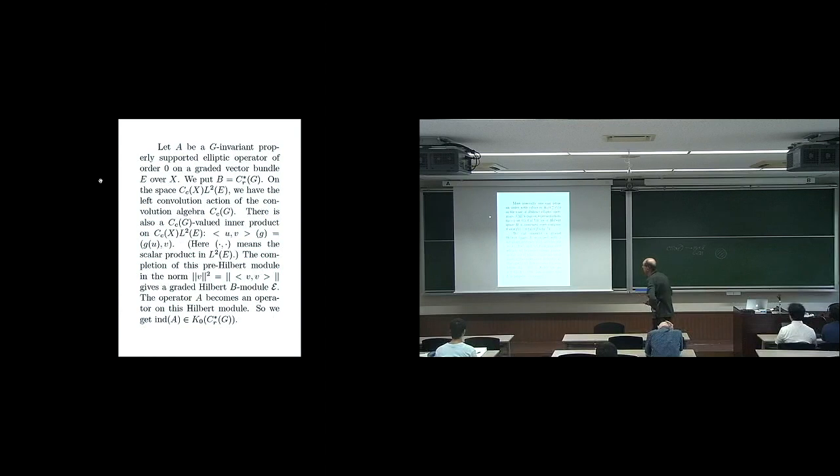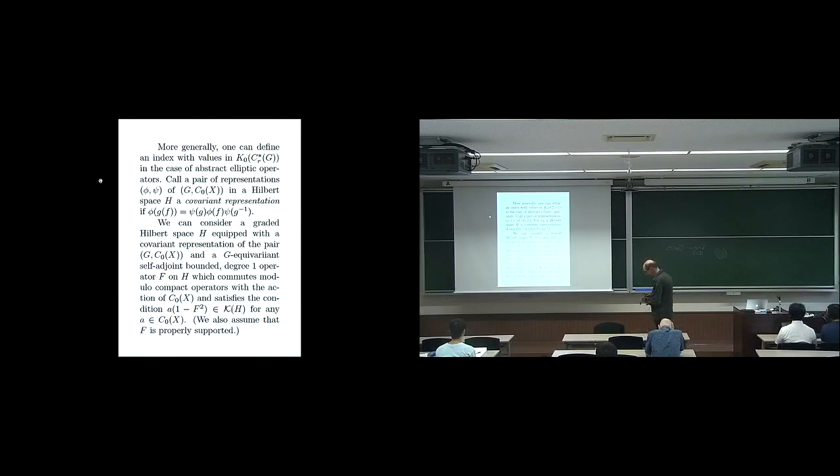So now it's just a remark that we can make it even better. We can give a general definition of abstract elliptic operators, which uses not necessarily manifolds, but you take just a representation of the group and a representation of C0 of X in some Hilbert space, and you essentially define the index theory of such a thing with values in a C-star algebra.